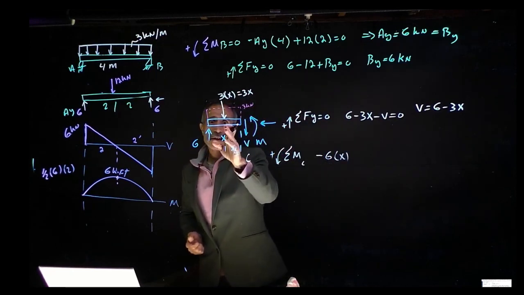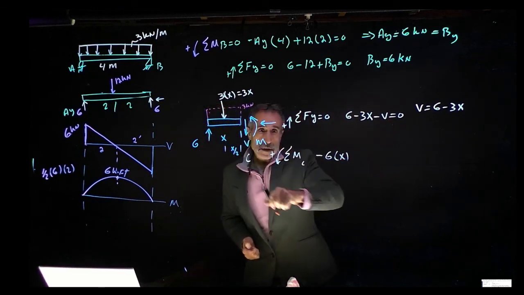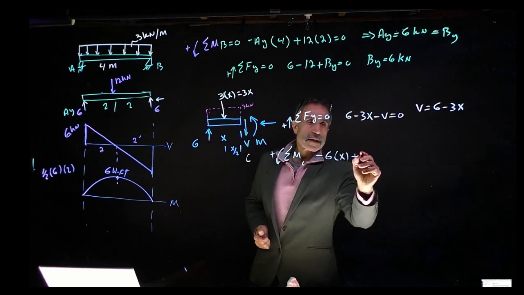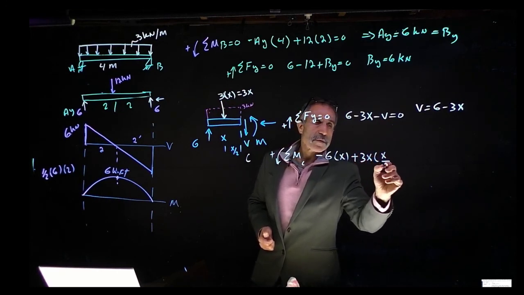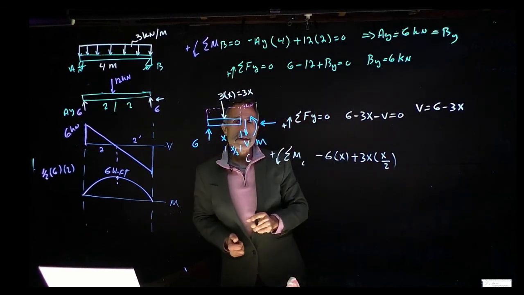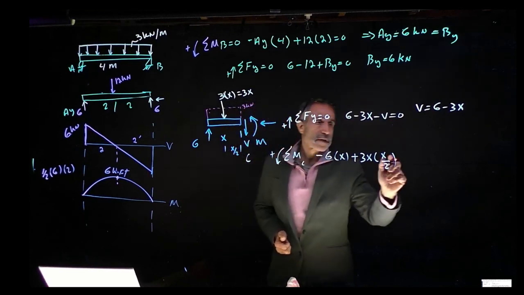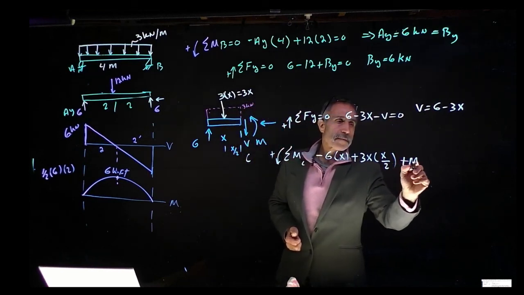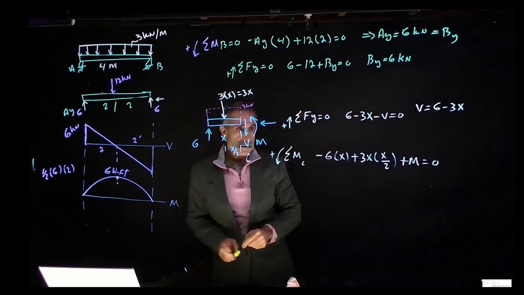I have nothing until I get here. Then I have 3x times x divided by 2, which is plus. Then I have the moment itself, which goes counterclockwise, so it's positive: plus M equals 0.